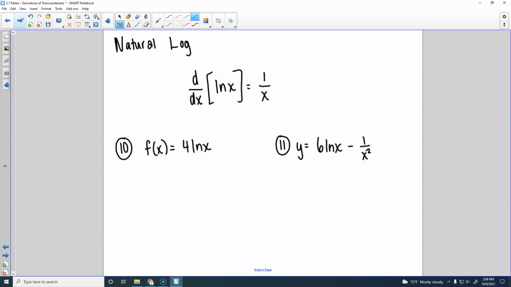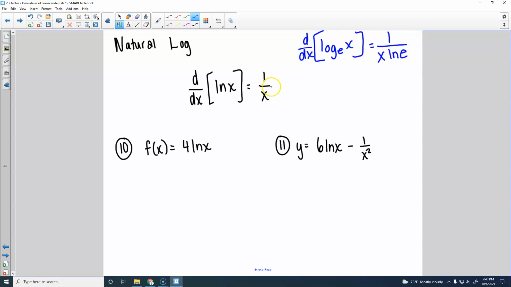All right, so natural log is very much the same. In fact, if we're doing the derivative of natural log, remember that's like log base e of x. So if I were using the other rule, I would do 1 over x natural log of e. But natural log of e, what does that equal? It's 1.